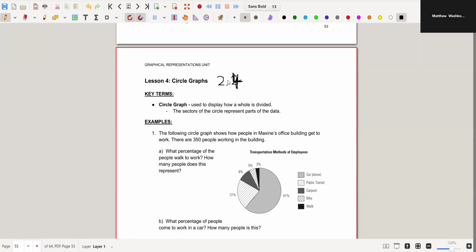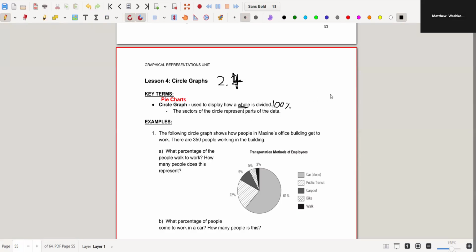Okay. So we call these circle graphs, or you may have seen them as pie charts, right? And so these are used to display how a whole is divided, right? How a whole data set, whether it's the amount of people in the class or the amount of the population or the amount of the workforce, whatever it is, your circle always needs to add up to 100%.